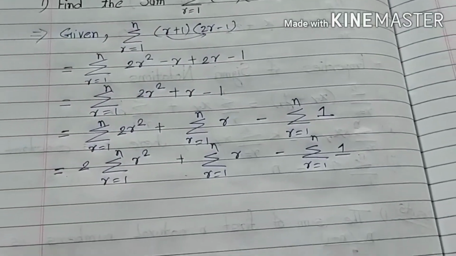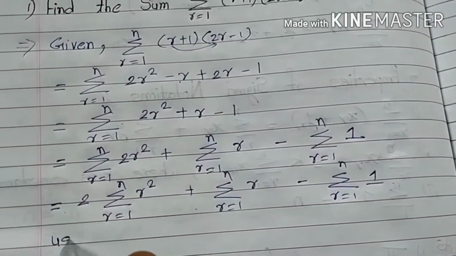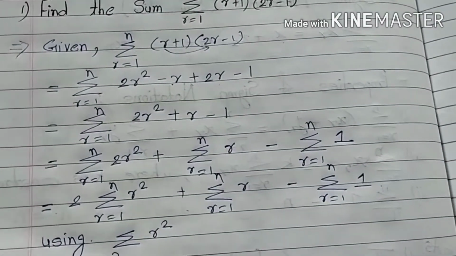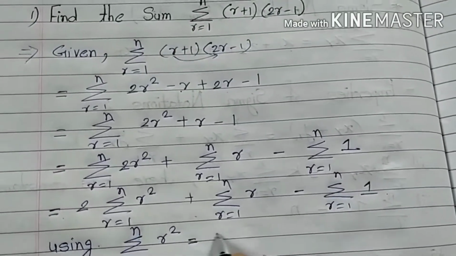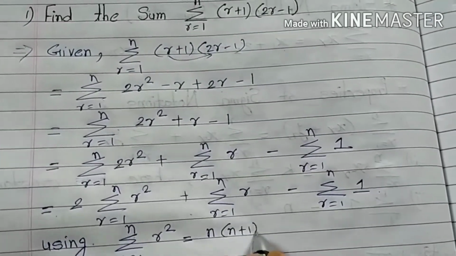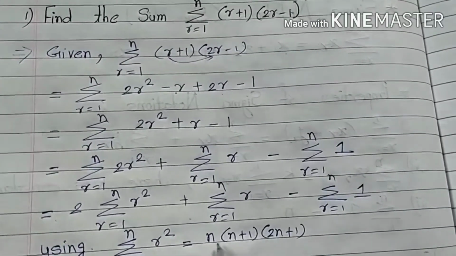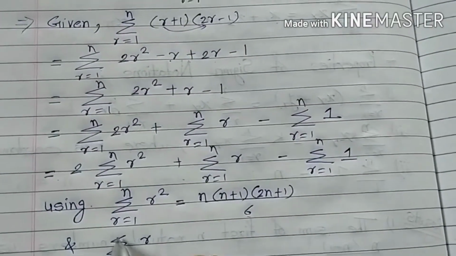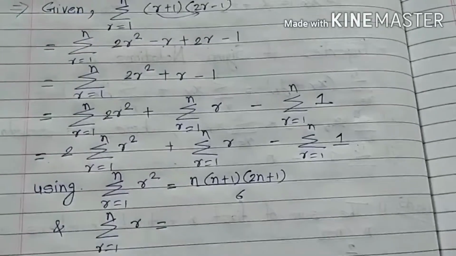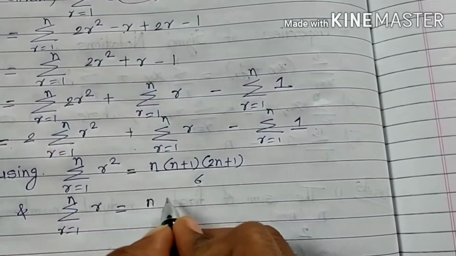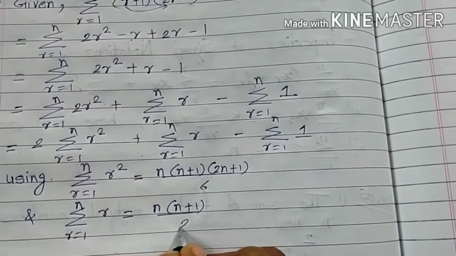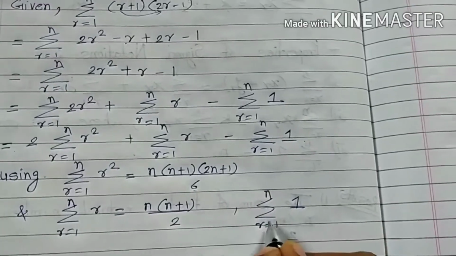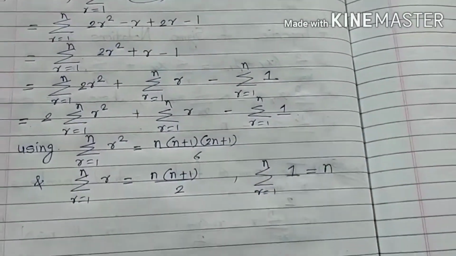I am using here all the formulas. So using summation of r square where r runs from 1 to n, which is equal to n into n plus 1 into 2n plus 1 upon 6, and summation of r where r runs from 1 to n, which is equal to n into n plus 1 upon 2, and last, summation of 1 where r runs from 1 to n, which is equal to n.